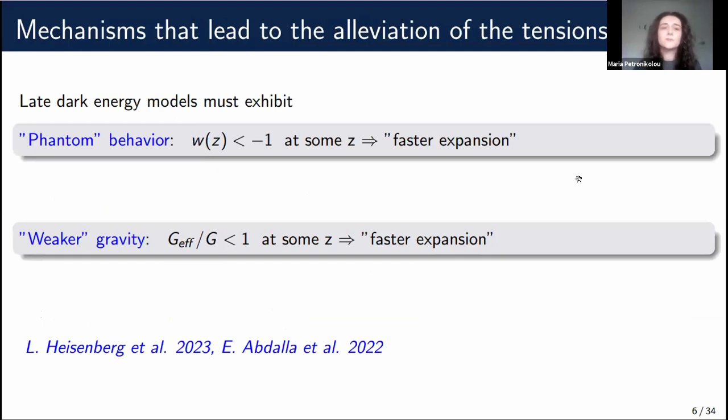For late dark energy models in the literature, we can see that they must exhibit first phantom behavior, which means that the equation of state parameter for dark energy should be lower than -1 for some redshifts, and that will lead to faster expansion. Or the model should obtain a weaker gravity, which means that the term G_eff/G should be less than 1 for some redshifts, which leads again to faster expansion.